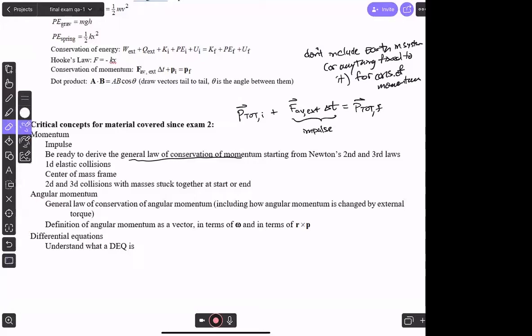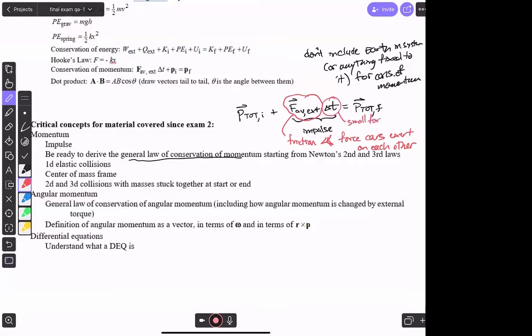The reason that we were justified in doing that is that the force of friction is much less than the force that the cars exert on each other. Because of that, we could ignore the impulse caused by friction during that short time delta t. So partly because the force of friction is small, and partly because delta t is small for the collision itself.